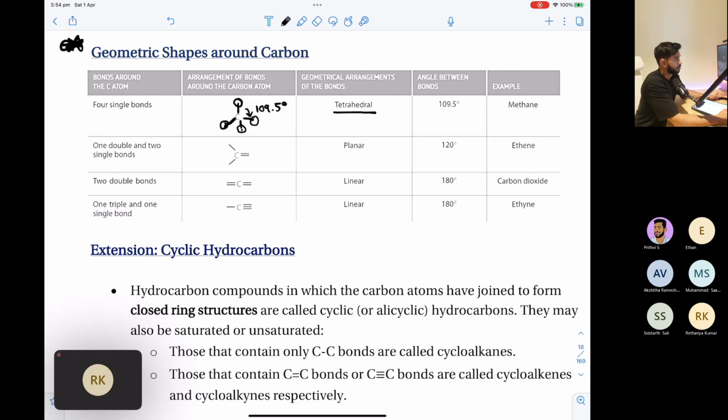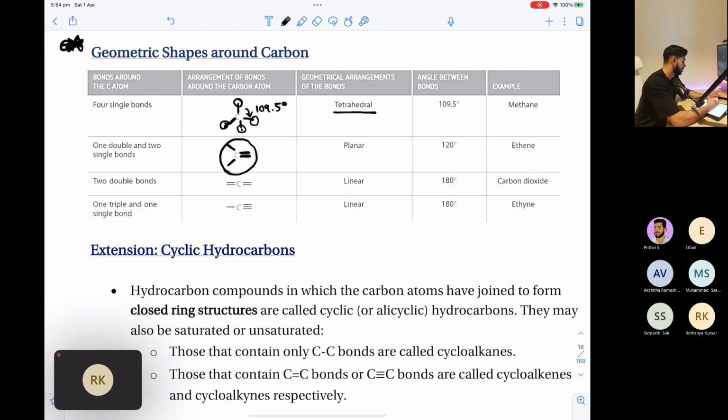Good. My next point is when you have 4 bonds, but they're arranged as a double bond. See, unlike the bond above, which is 4 single bonds, you now have 1 double bond and 2 single bonds, right? You will obtain this planar arrangement shape. The way I remember this is it's kind of like a pie.